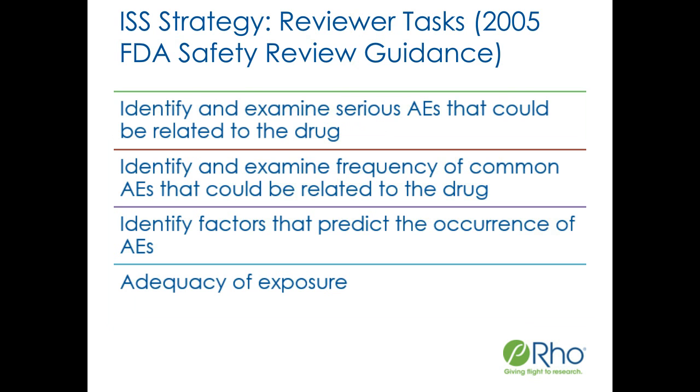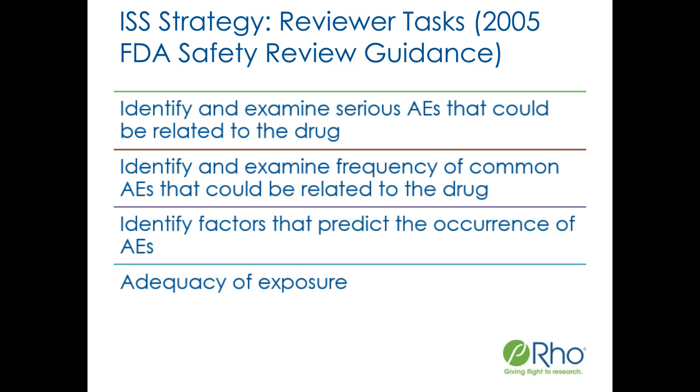So what we want to make sure is there are things that we expect a reviewer will look at with regards to your integrated summaries of safety. And in 2005, the FDA put out their safety review guidance. In 2010, CDER additionally put out a good review practice, which provides a lot of insights into how the agency will review NDAs.